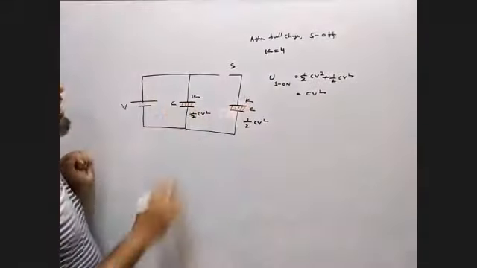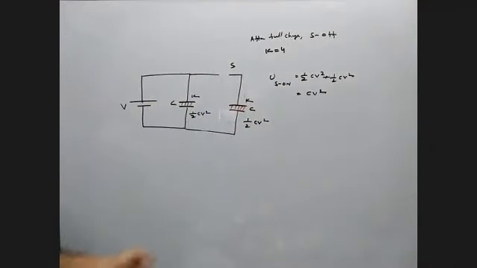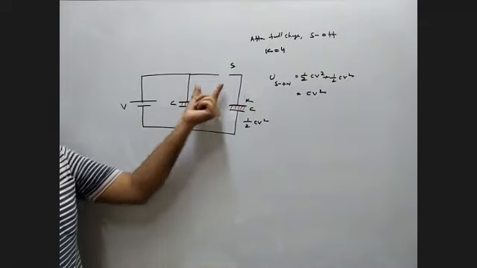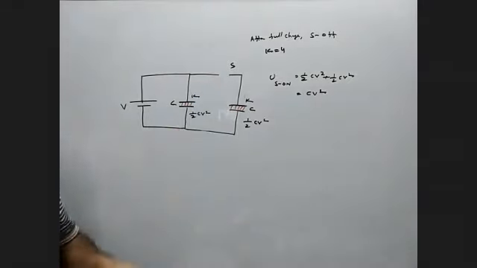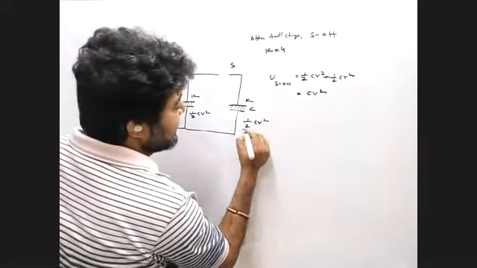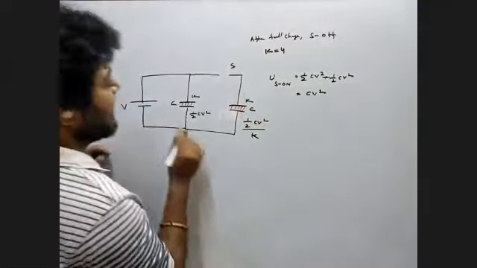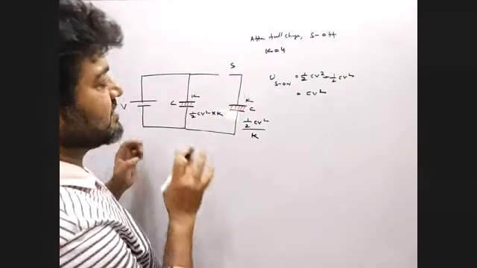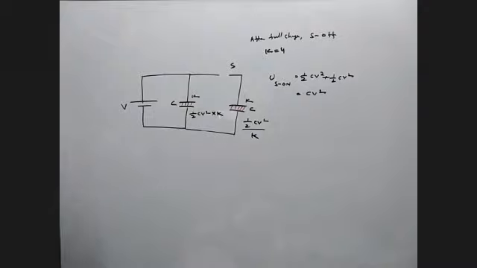Are you noticing, everyone? So as this one is not connected with the battery, what happens? Energy stored decreases K times, and as this one is connected with the battery, energy stored increases K times. Did you notice it, everyone? Yes, sir.